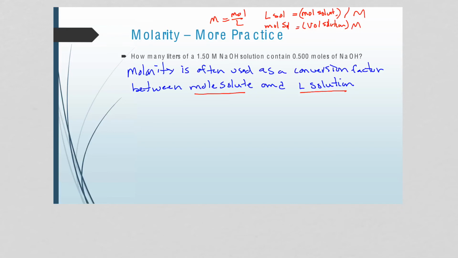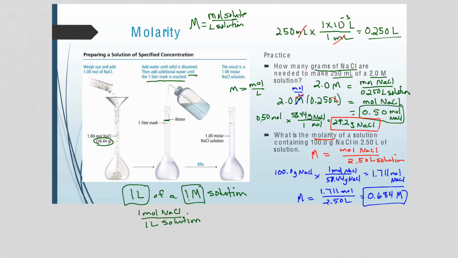If we want to find the moles, we're going to take the volume and multiply by the molarity. And if we look quickly back here, that's what we did right up here. Our target was moles right here. And so to get the moles, we took the volume multiplied by the molarity.